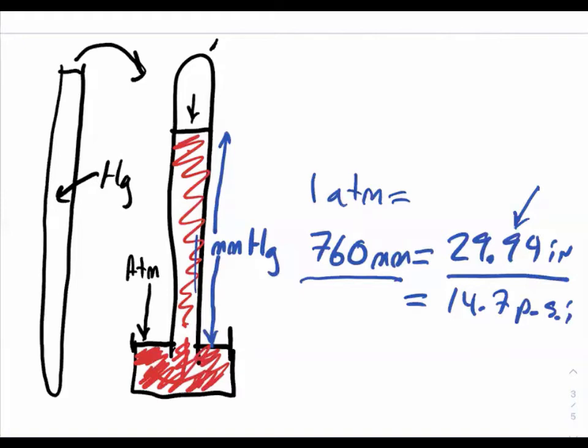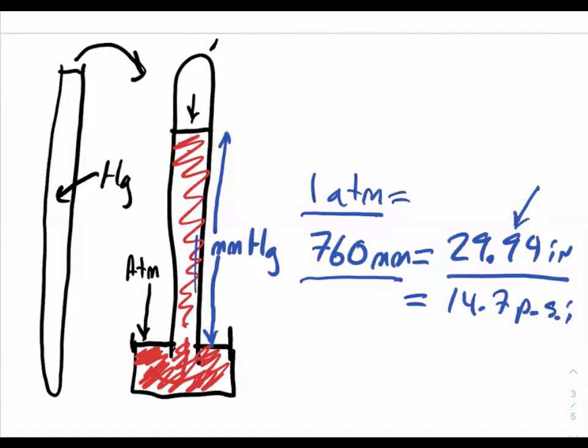And ATM is the one I'm going to teach. It's still used very widely because it's really easy to relate to. If you hear it's 32 atmospheres, then you have a reference point. You can say, oh my gosh, that's 32 times the pressure that we experience at sea level. Or if you have half an atmosphere.